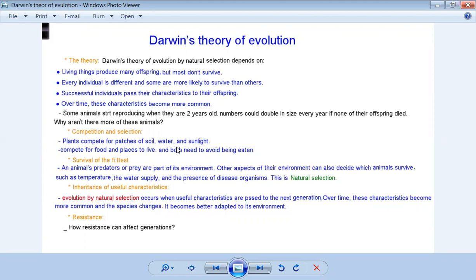The next generations will be, we can say, resistant against diseases, and more likely to survive than the past generations. They will become better adapted to their environments, so they can survive in this environment.